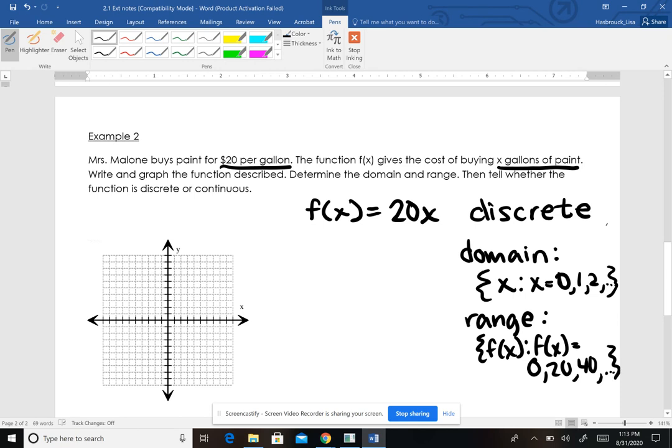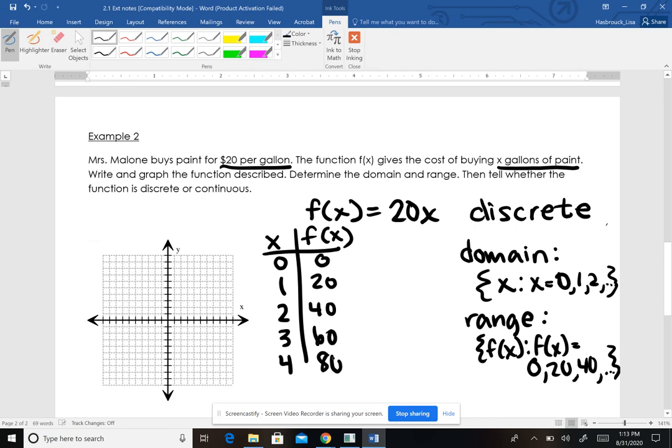So let's make an XY table to plot these. We have 0, 1, 2, 3, and 4. So our values are 0, 20, 40, 60, and 80. I know that this XY chart helps students sometimes.